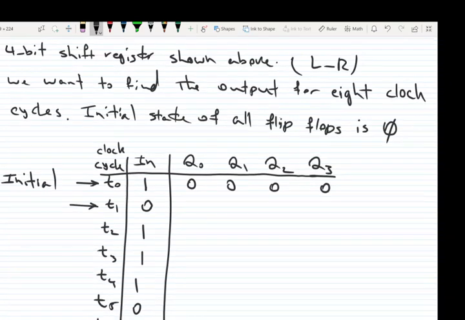Now T1. What's happening in T1? The input moves to Q0, Q0 moves to Q1, Q1 moves to Q2, and Q2 moves to Q3.